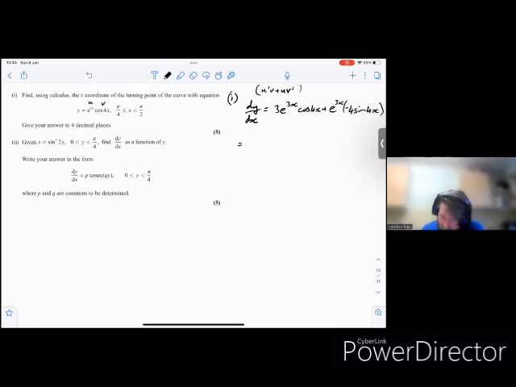There's a common factor of e to the 3x. And we want it to equal 0. So dy by dx equals 0. That means this thing that we found equals 0.